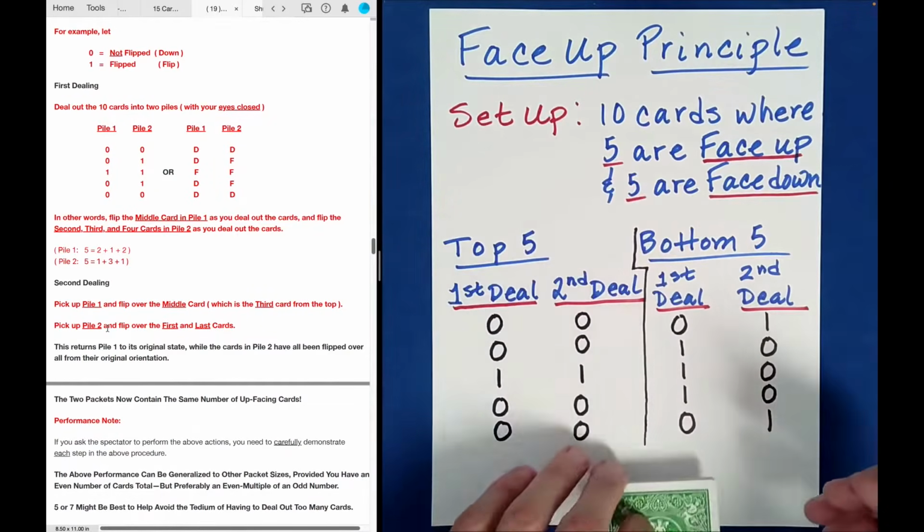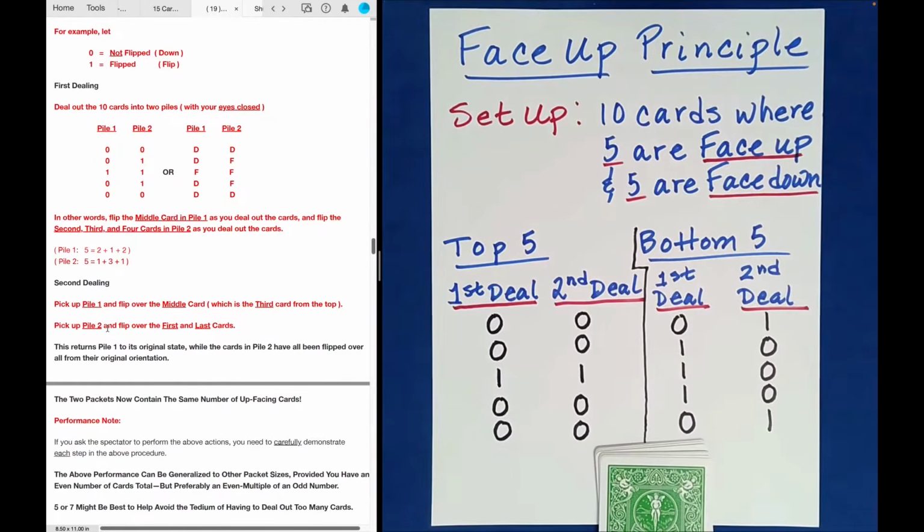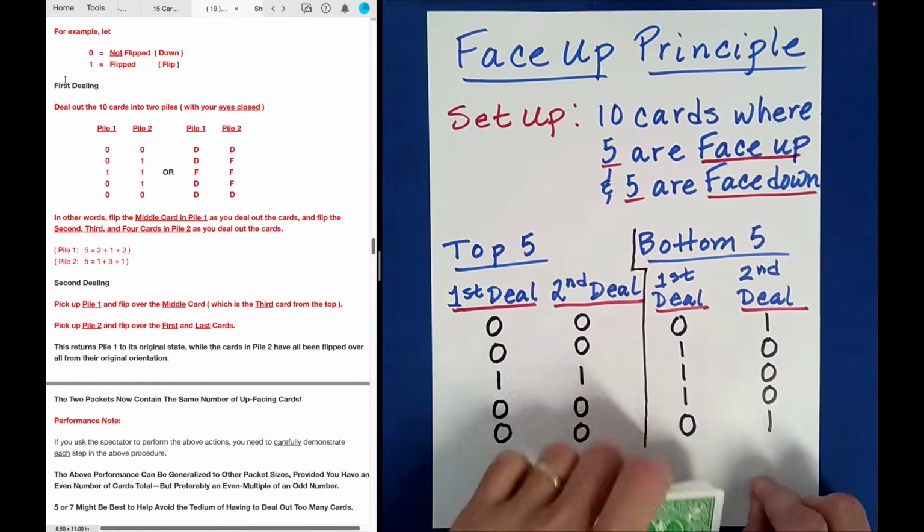So on the screen to the left, I'm going to let 0 represent setting a card down without flipping it from its current orientation. 1 will represent setting the card down but flipping it first from its current orientation. So that's what the 0s and 1s represent. Deal out the 10 cards into 2 piles. Okay, so let's do that.